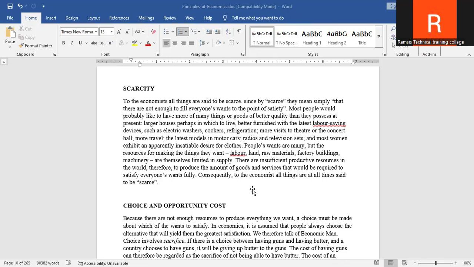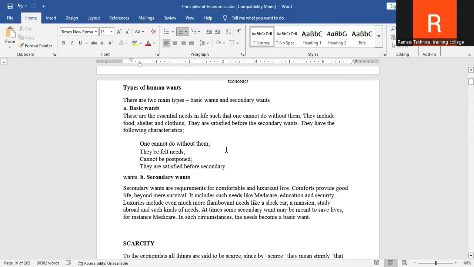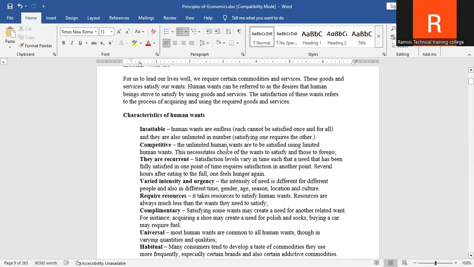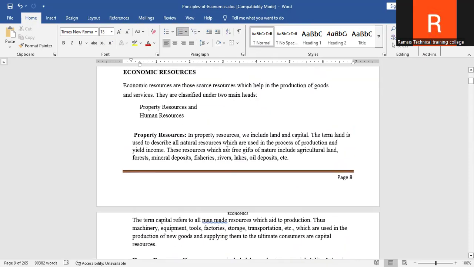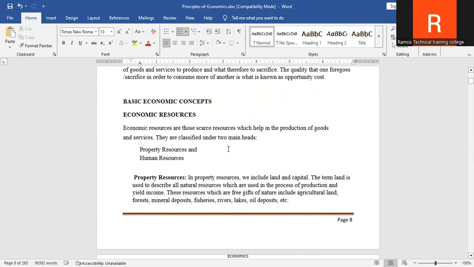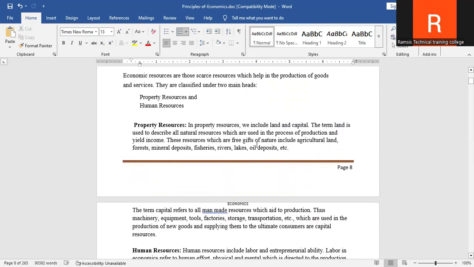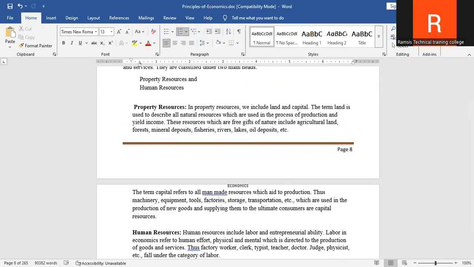So that takes us to the types of economic resources. Basically, they are classified into two: property resources and human resources.